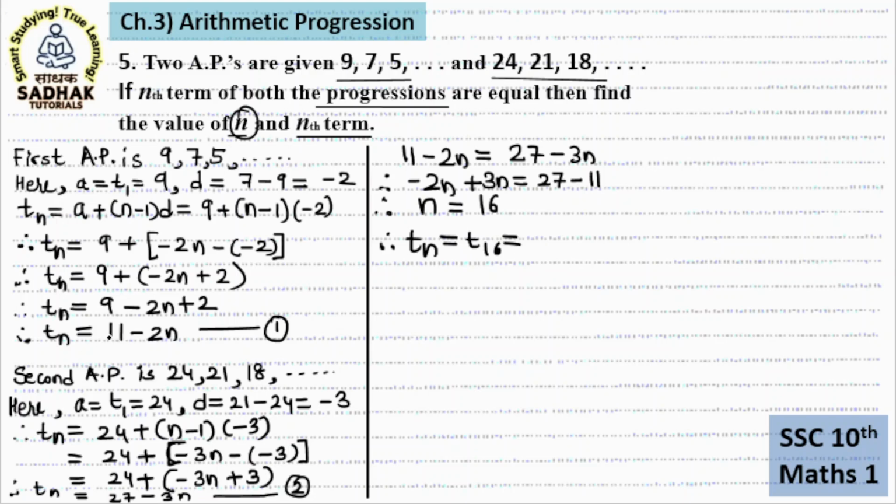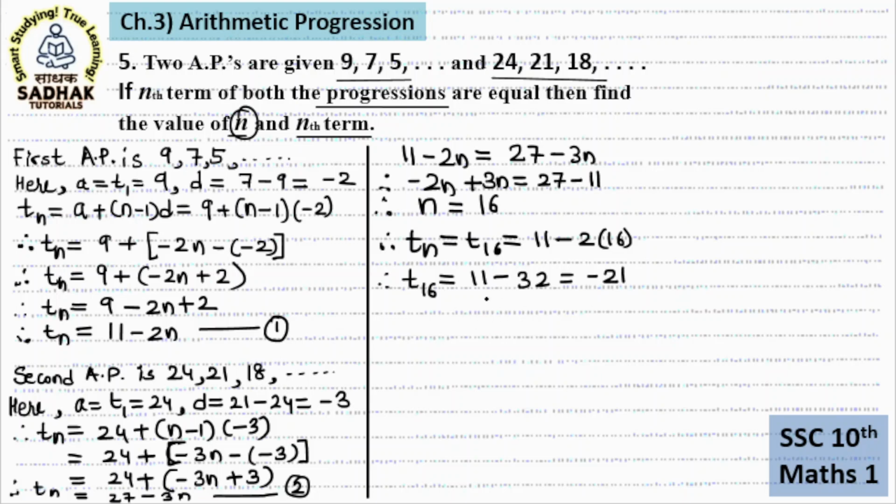In the first AP it is 11 minus 2n, with n equal to 16. So T16 will be 11 minus 32, which is minus 21.